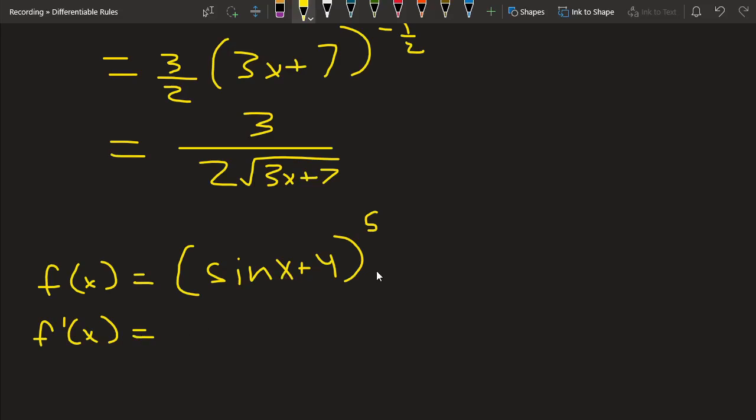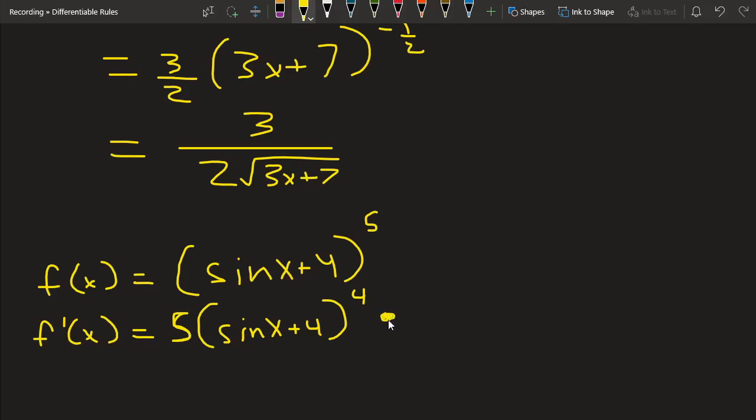I'm assuming you tried to figure it out, but if you didn't, here's how you would do it. There's an exponent again, so we would use the power rule. So n is 5, and we have to plug in u, that's sine of x plus 4, and then to the power of n minus 1, so 5 minus 1 is 4, times u prime.